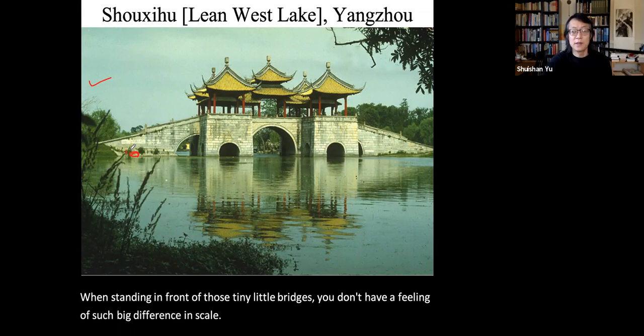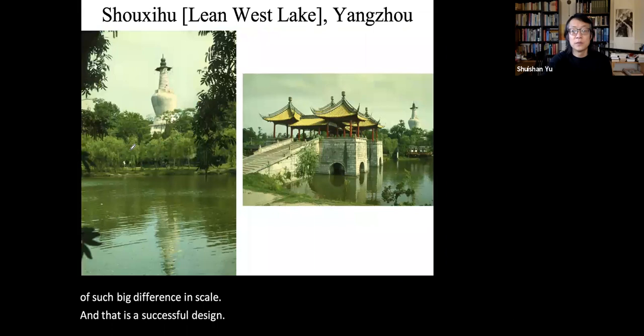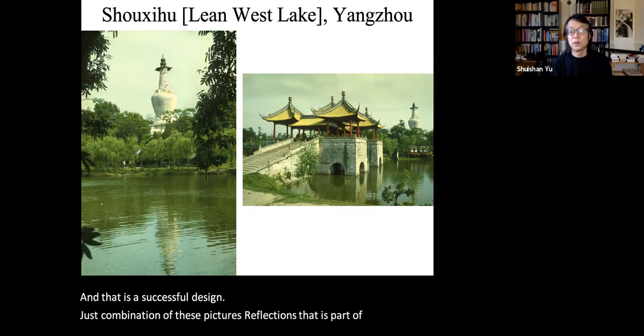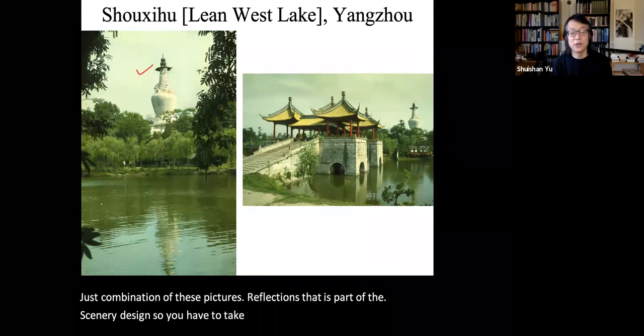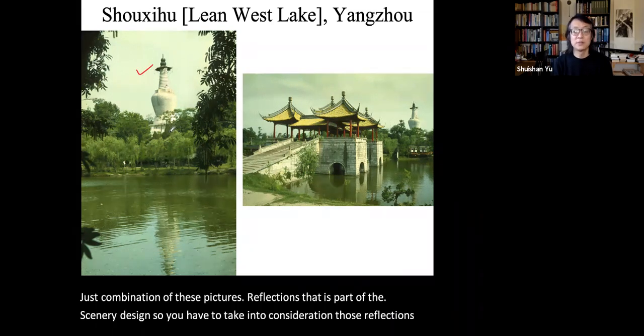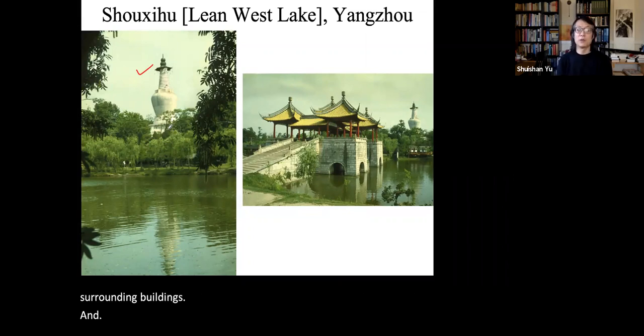And that is a successful design, right? Just the combination of these pictures, reflections, that is part of the scenery design. So you have to take into consideration those reflections of surrounding buildings, just like the borrowed view.